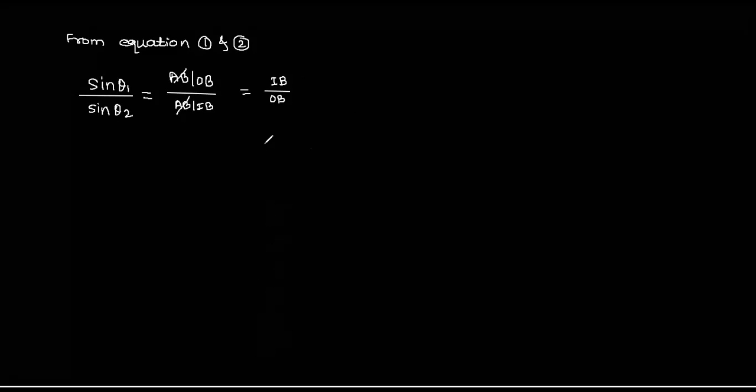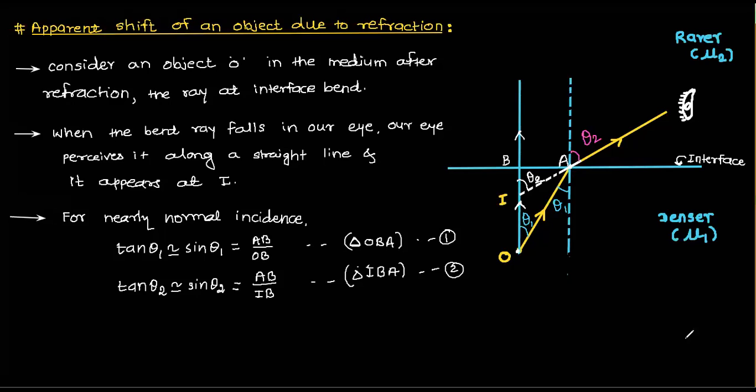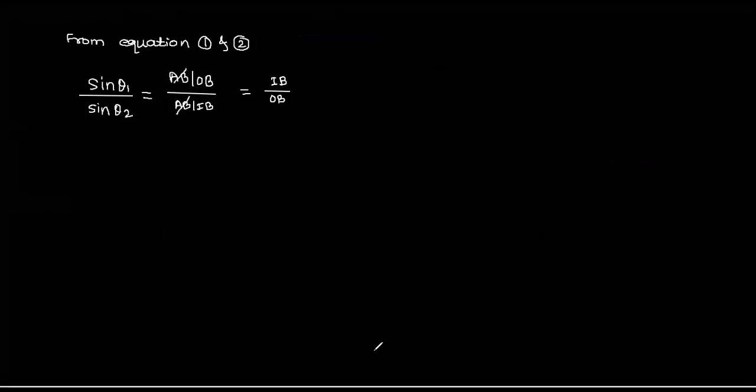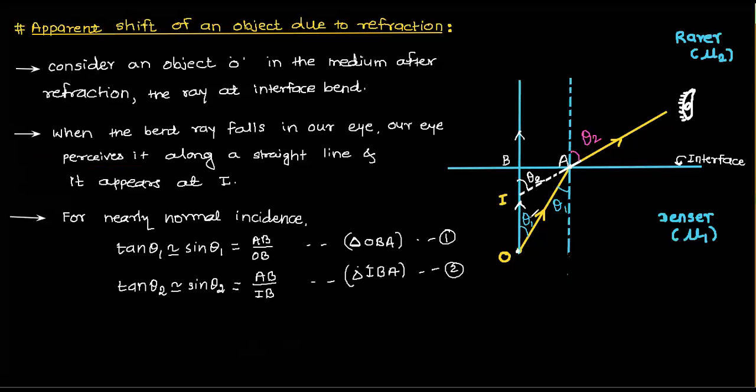Now, at the point A, can I write like this? See here, mu1 sine theta 1 is equal to mu2 sine theta 2.